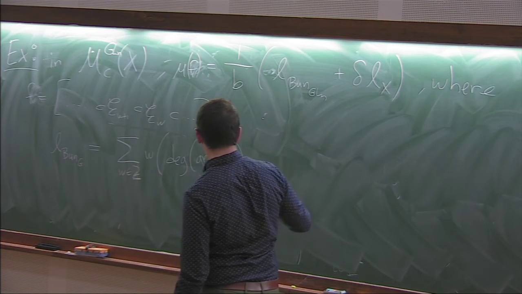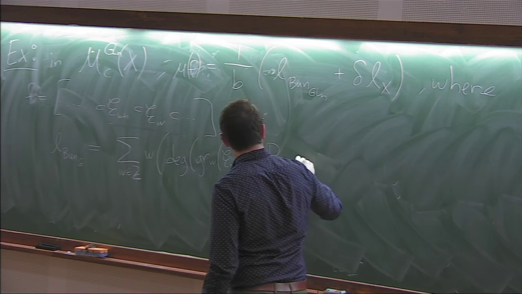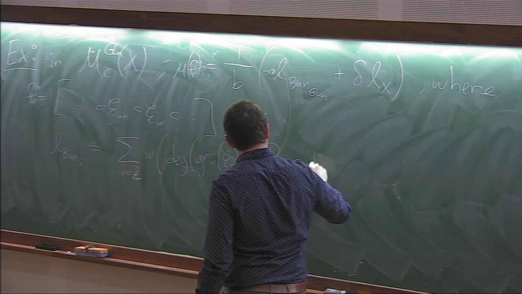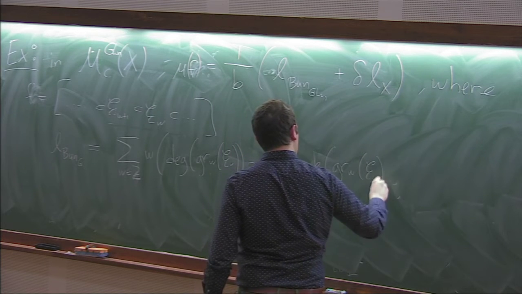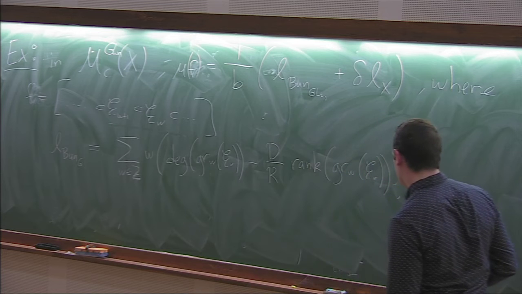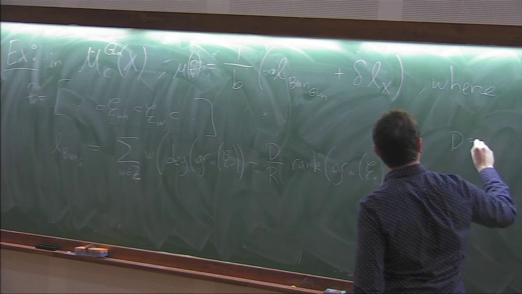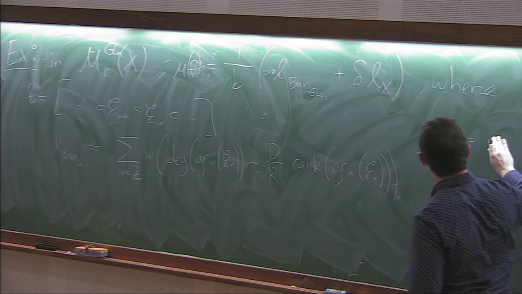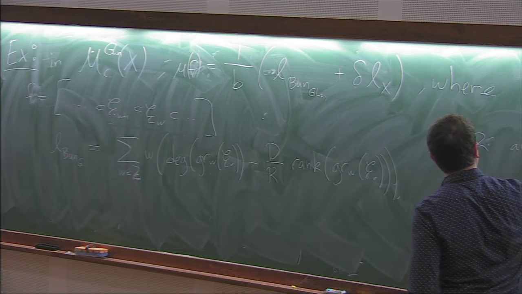minus d over r times the rank of gr^w of E, where I should explain that d and r are degree and rank.